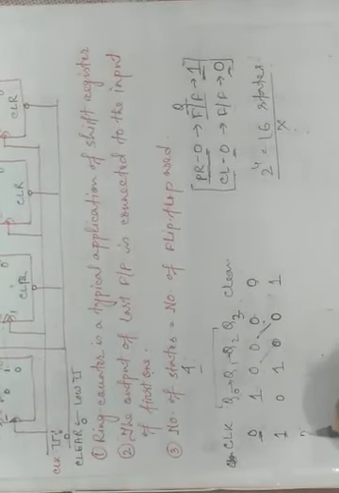And at the fourth clock pulse, again the Q3 value goes to Q0, so 1 goes here. Again 0 goes to Q1, Q0 goes to Q1, Q1 goes to Q2, Q2 goes to Q3.